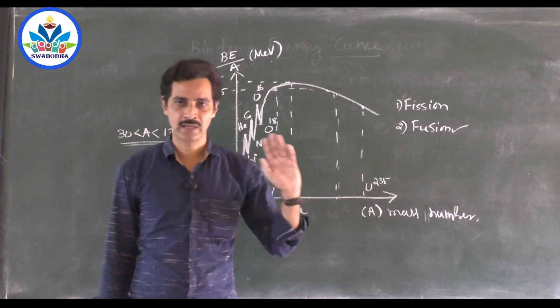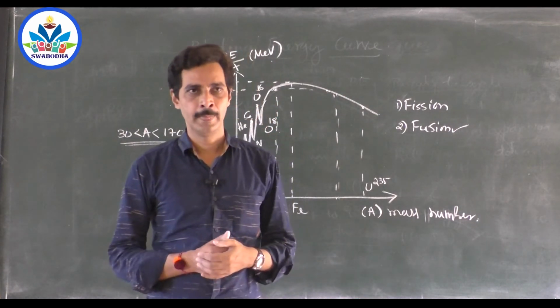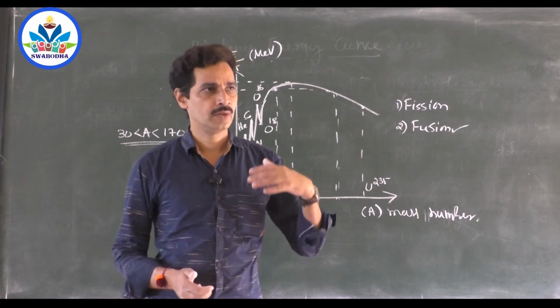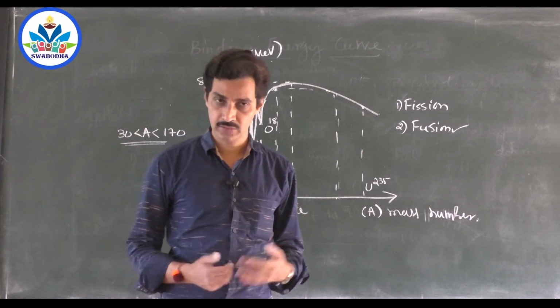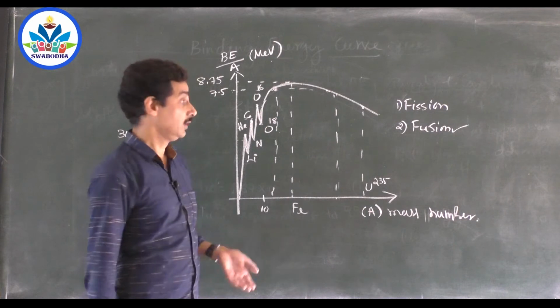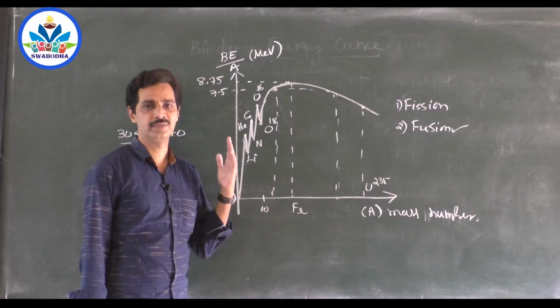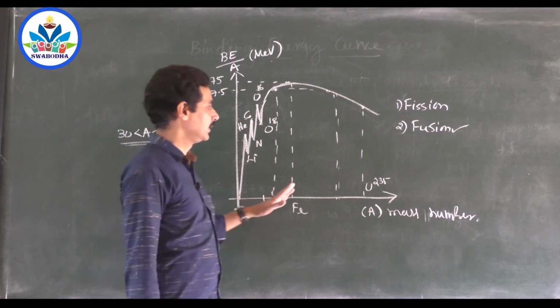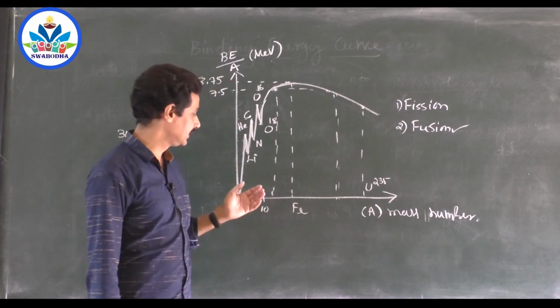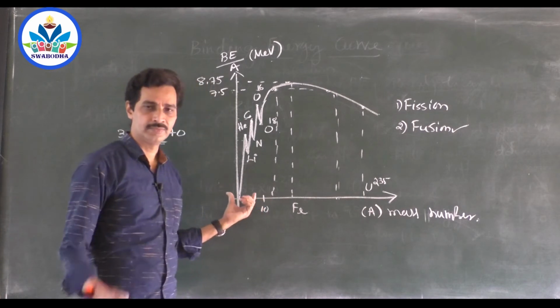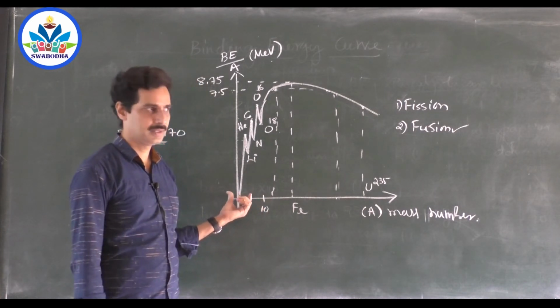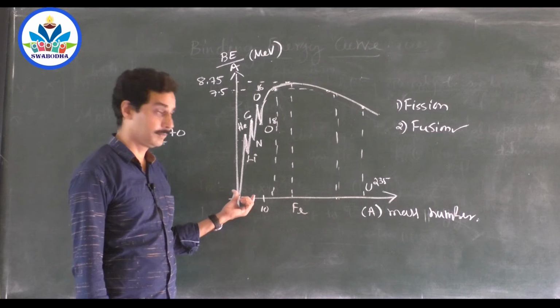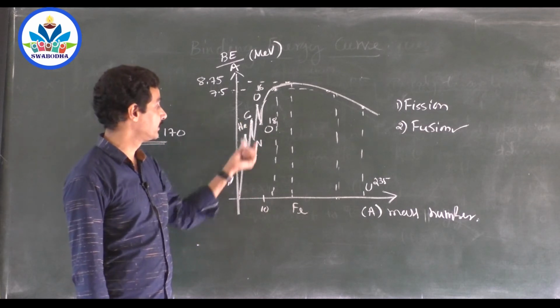So you may be asked to write the features of this binding energy curve. What is binding energy per nucleon, or specific binding energy? Draw the specific binding energy curve and explain the features. Binding energy per nucleon is called specific binding energy, and the graph is like this. This graph clearly indicates, first, that elements having less mass number are unstable and their binding energy per nucleon is less.